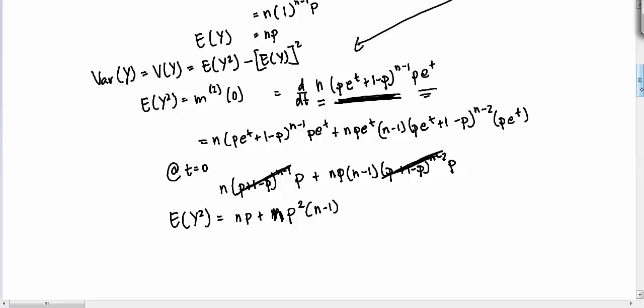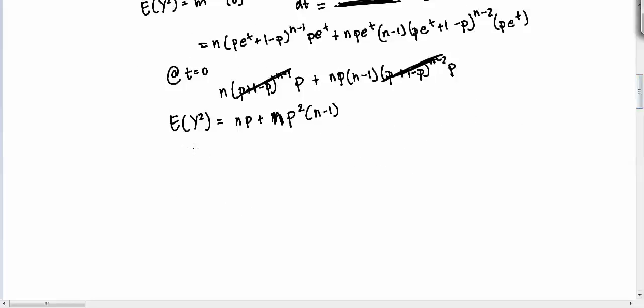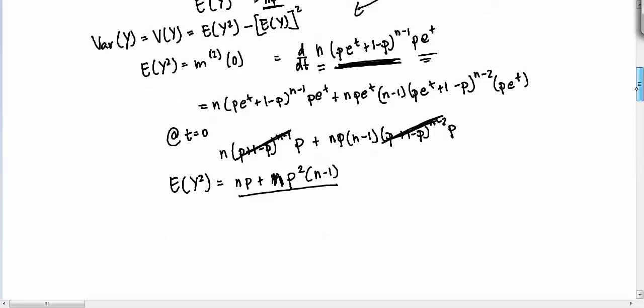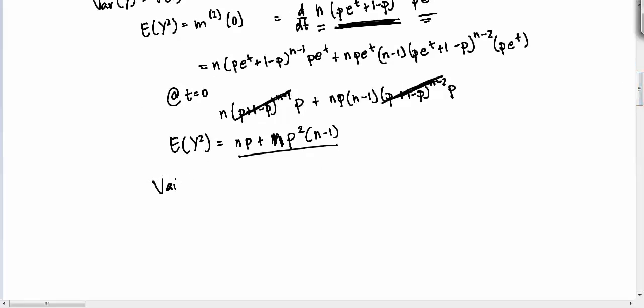Now if I want to find my variance, I have to take this thing and subtract off the square of this thing. So Var(Y) is equal to what's above, minus np, which is my expected value, squared.